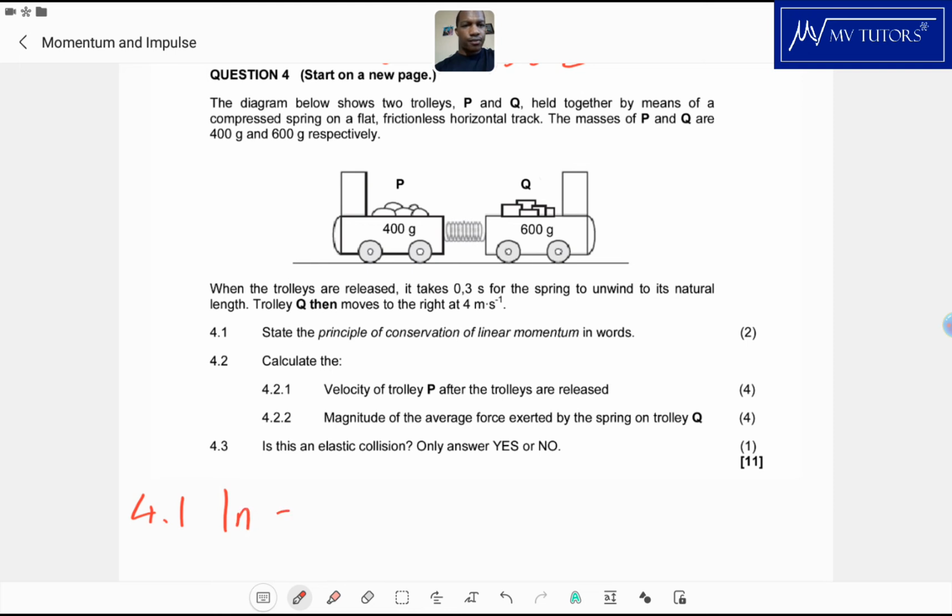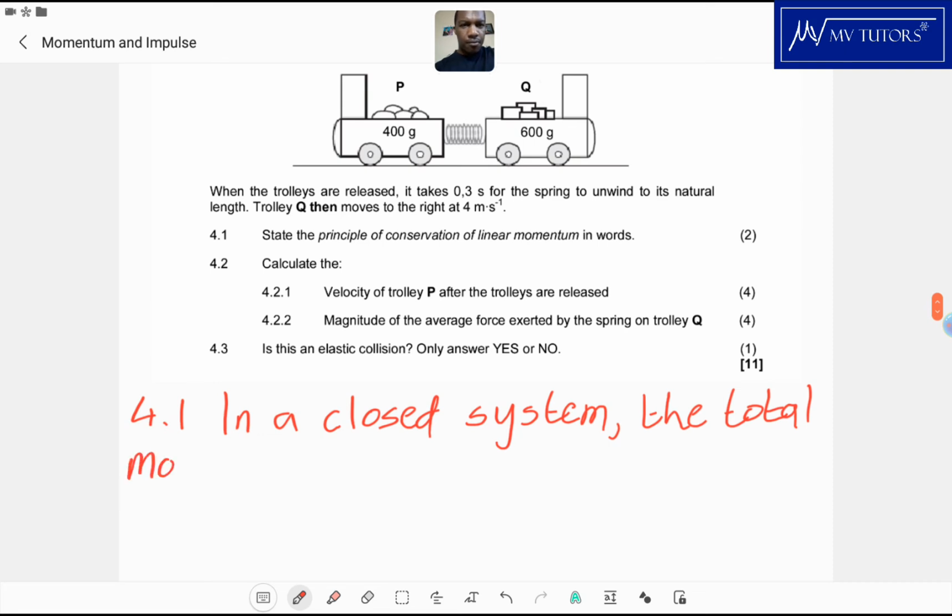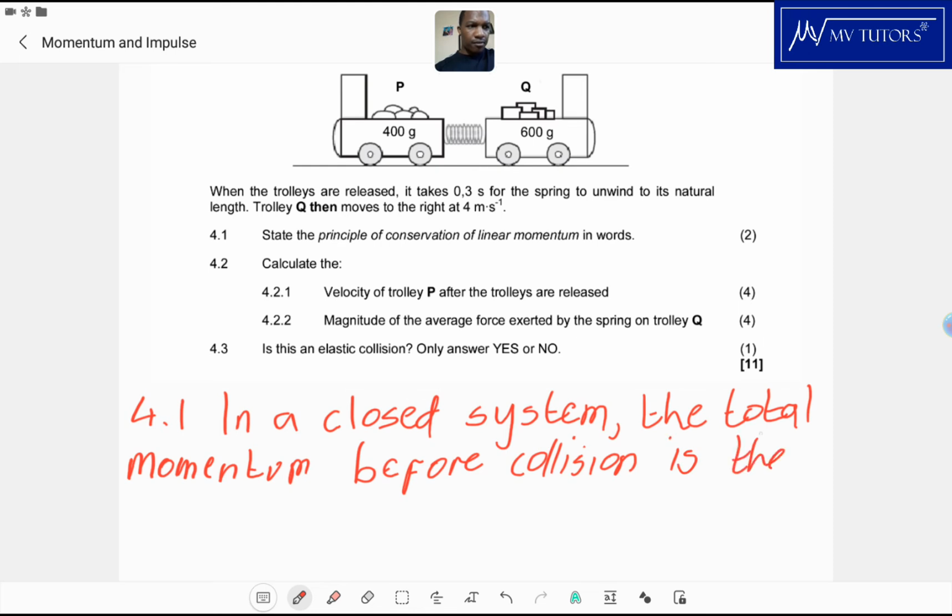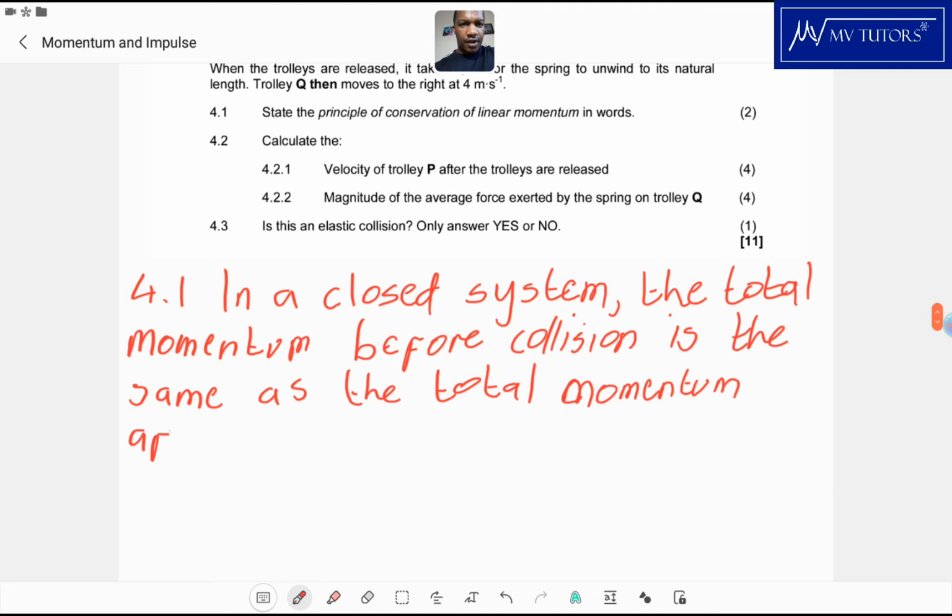In a closed system, the total momentum before collision is the same as the total momentum after collision.